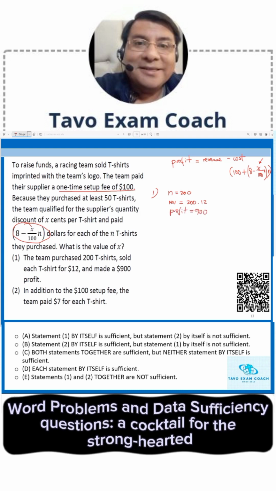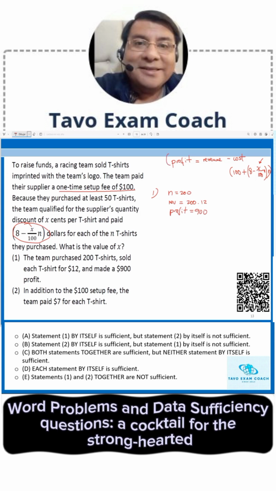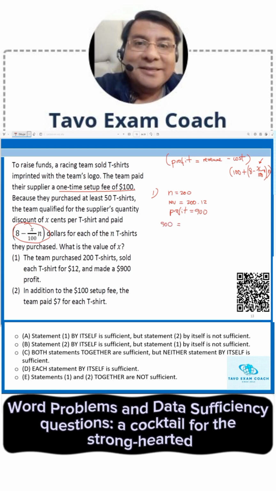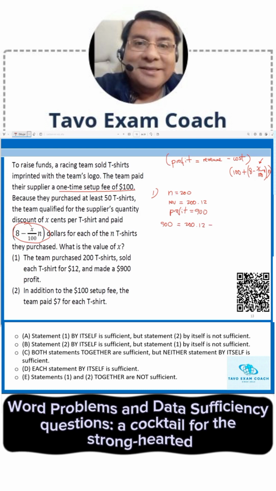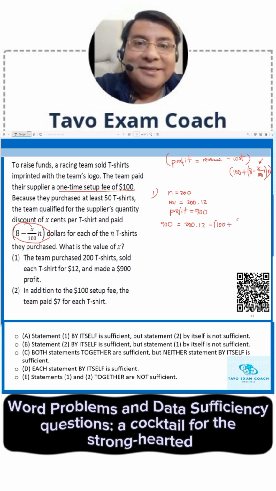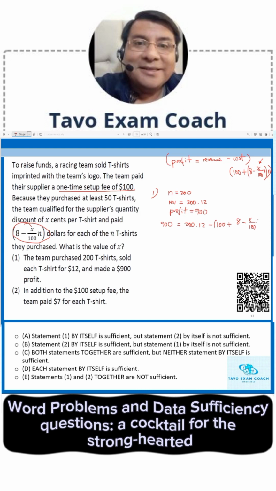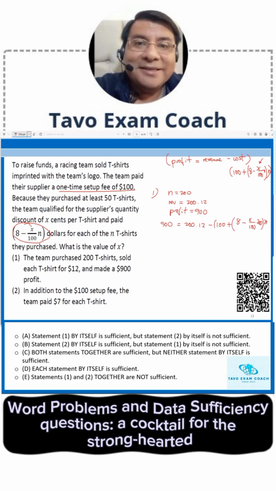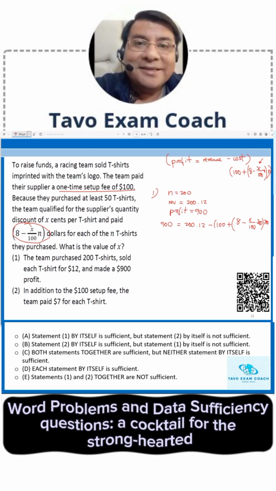So if we input all these values into this equation, we get 900 equals 200 times 12 minus 100 plus (8 minus X) over 100 times 200, all of this multiplied by 200. And that would be it.